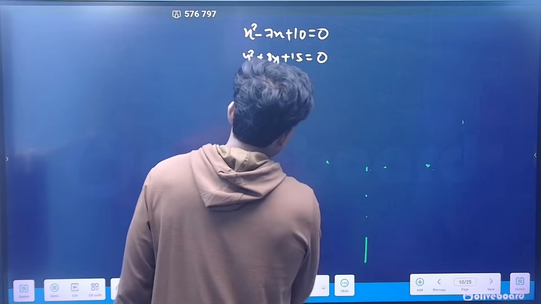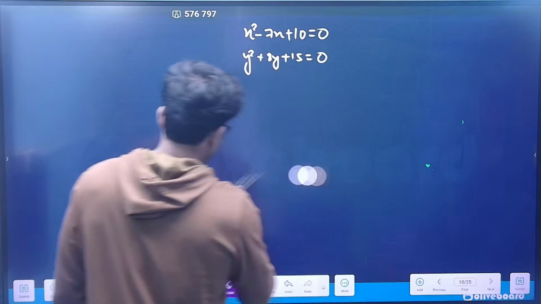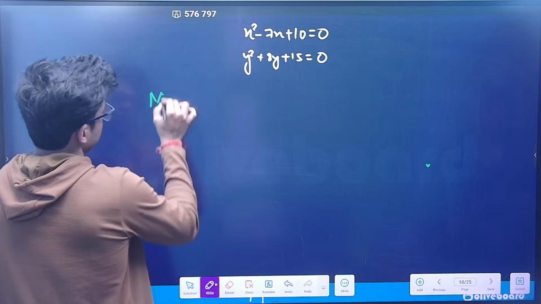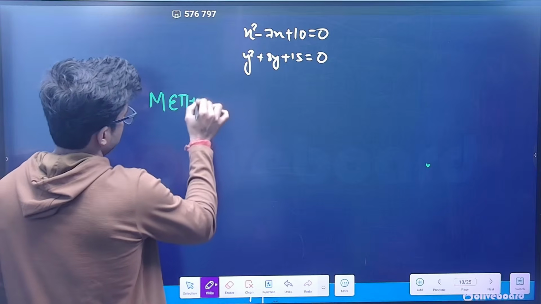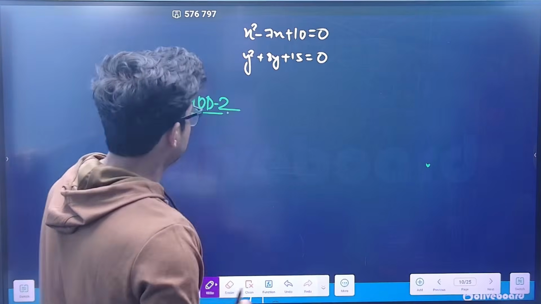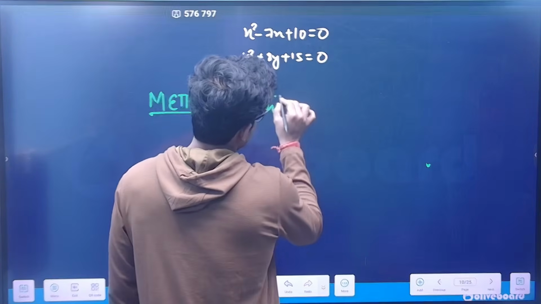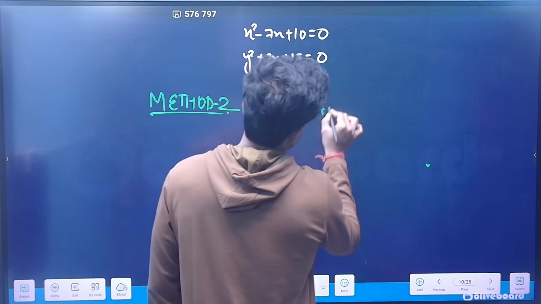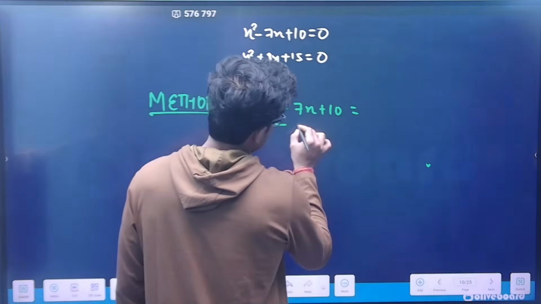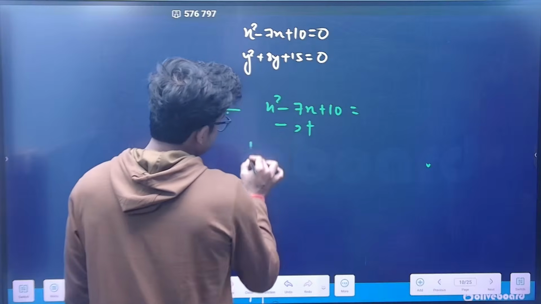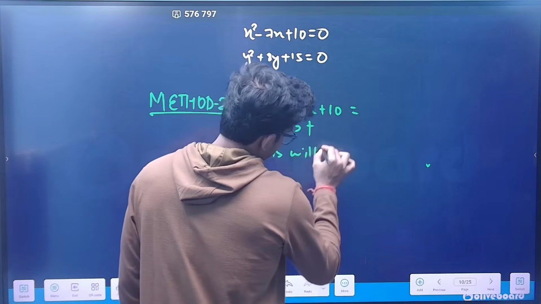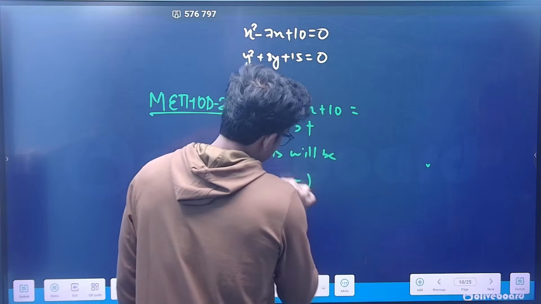So let's go for method number 2. If I go for method 2, now guys, I know x square minus 7x plus 10. The first sign is negative and the second sign is positive, so the roots will be positive, first thing.